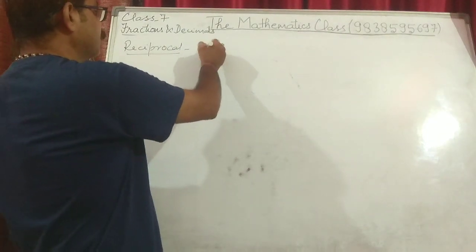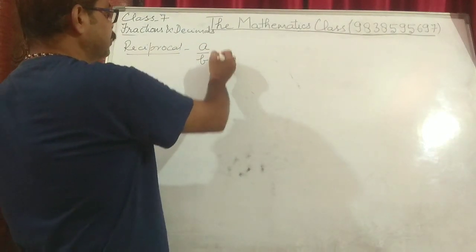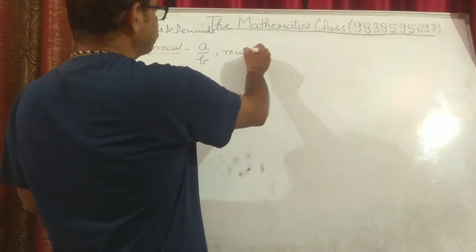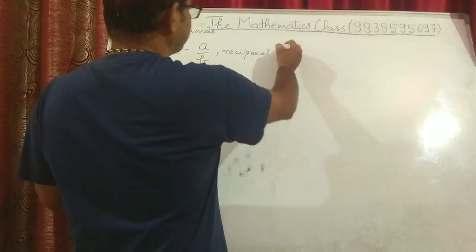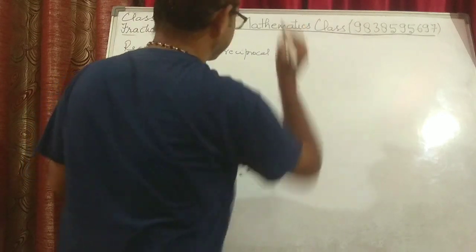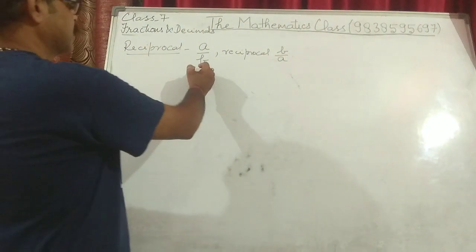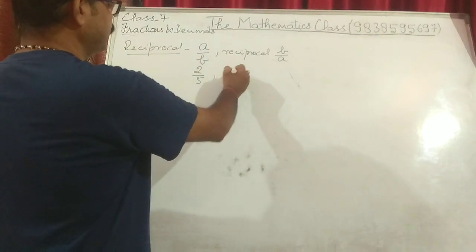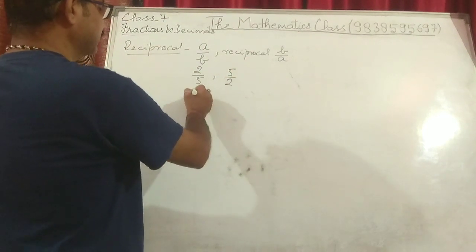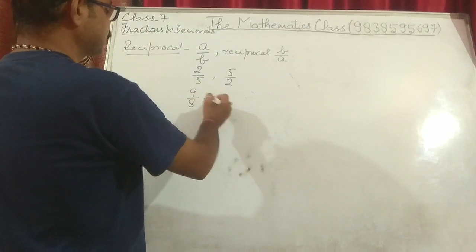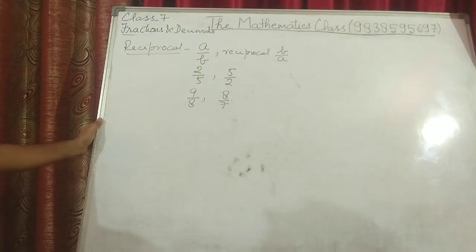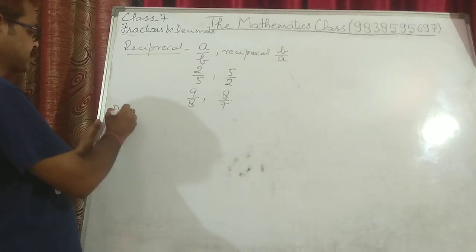Suppose I say a upon b is a fraction, so its reciprocal will be b upon a. Means if it is 2 upon 5, its reciprocal will be 5 upon 2. If it is 9 upon 8, its reciprocal will be 8 upon 9. Right?